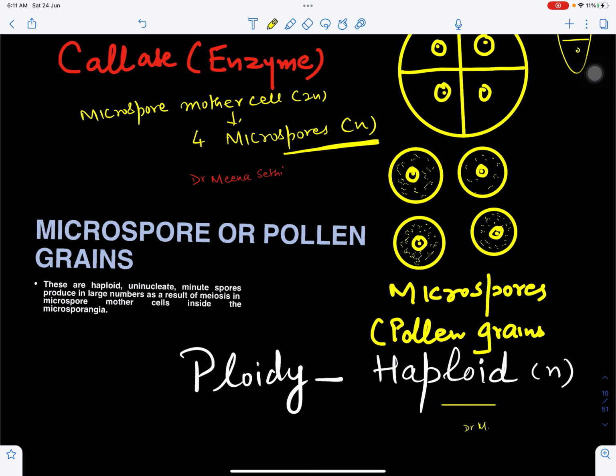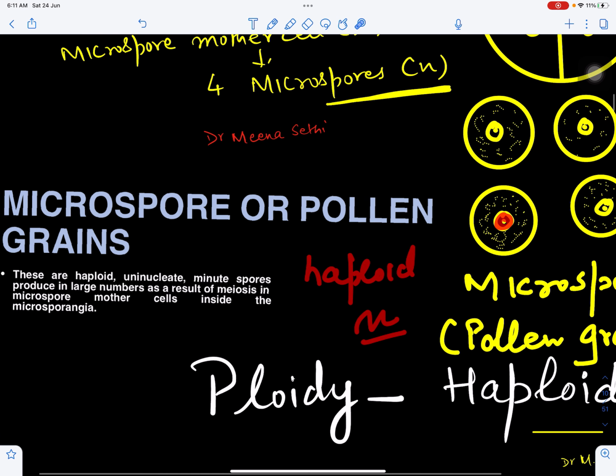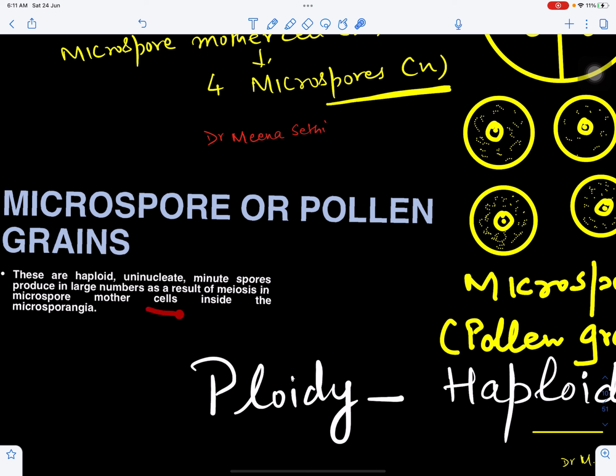How can we define microspores or pollen grains? They are haploid, I mean the genetic level is single n. They have a single nucleus, so they are uninucleate. They are very small in size and are produced in large numbers after meiotic cell division from the microspore mother cell inside the anther or inside the microsporangia.